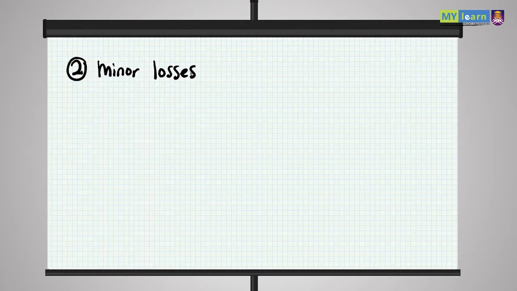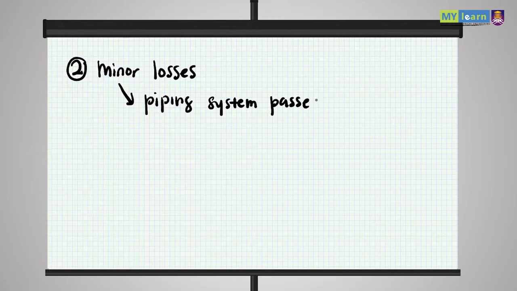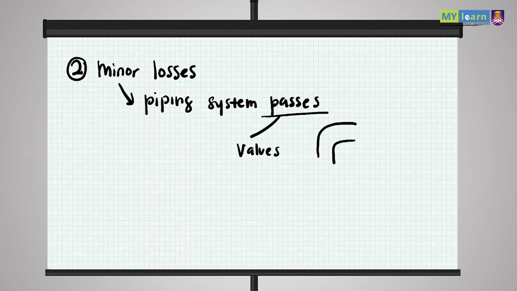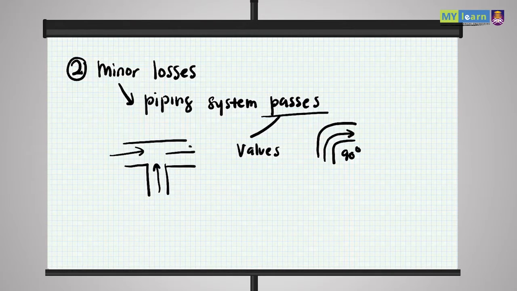Minor losses are due to the pipe system's components that we use throughout the piping system. These are various fittings, valves, and bends. For example, you have a 90-degree bend and the flow is going this way. Or sometimes you have a T-shape where two flows come into one outlet.